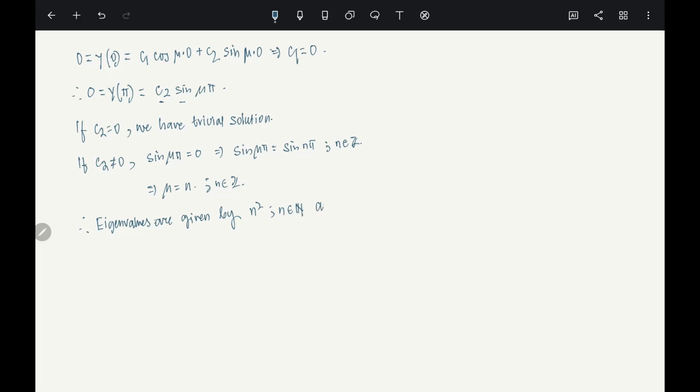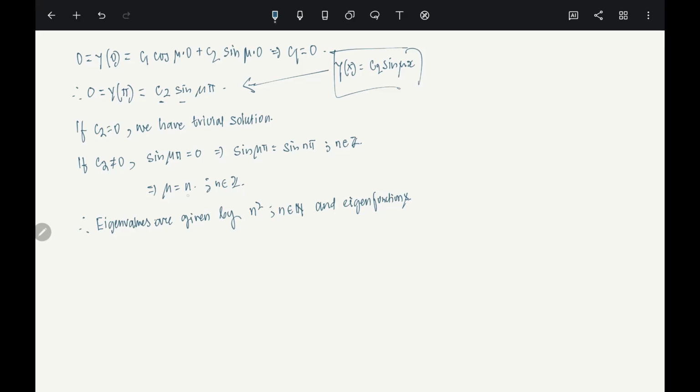And what are the corresponding eigenfunctions? What are the solutions of this? If mu is n, the solution is given by, after all of this, y of x is nothing but c2 times sine mu x, right? That was the solution. And that solution satisfied y at the point pi equals 0.